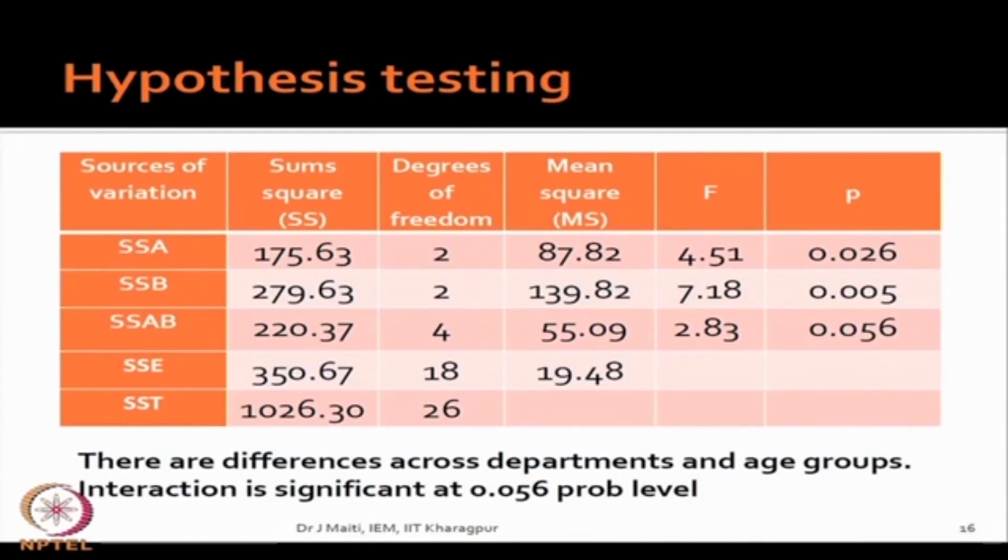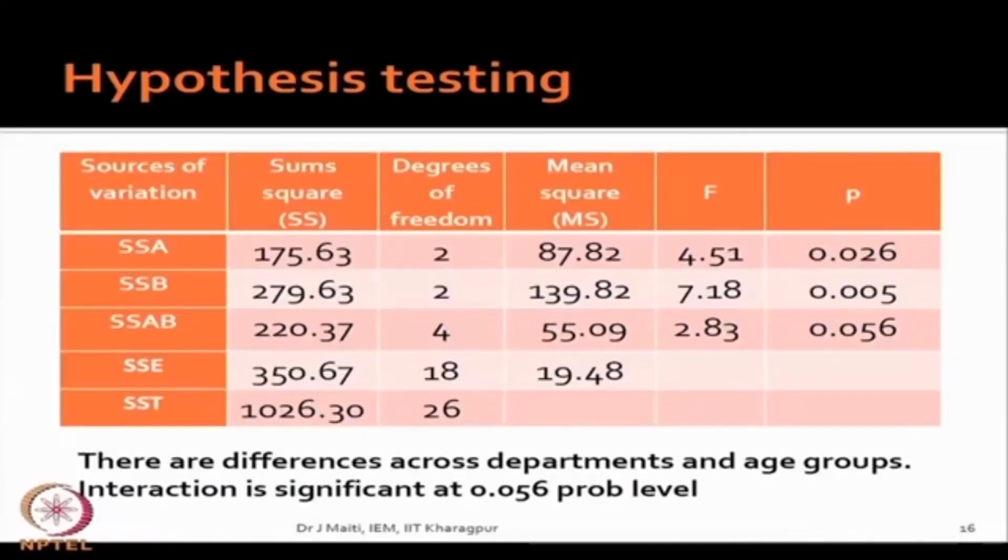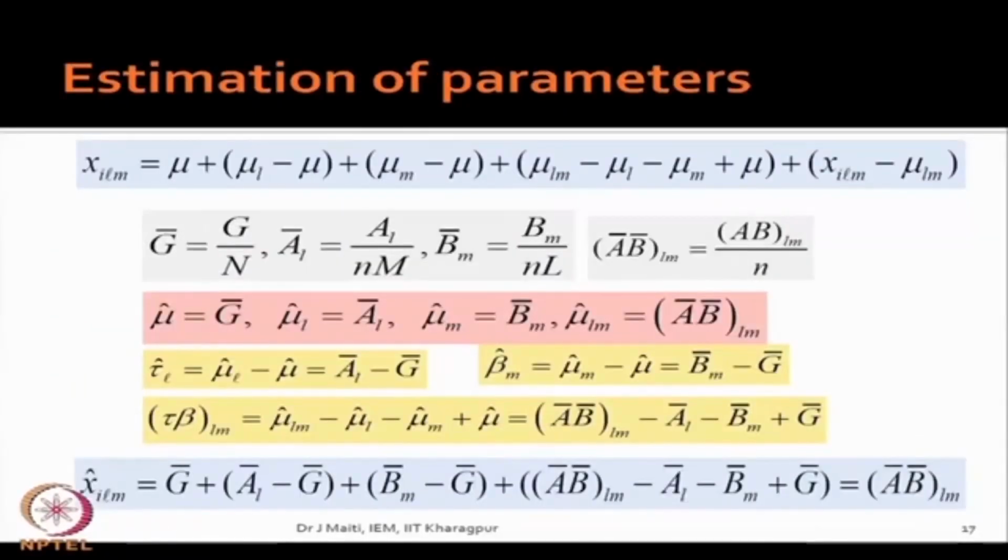Now, once this test is over, what is your next? You have to estimate the parameters. These are the formulas for estimation of parameters. You see here again we are partitioning the observation X_ILM.